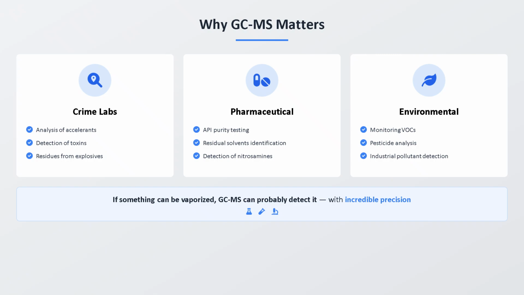Environmental scientists rely on GC-MS to monitor VOCs, pesticides, and industrial pollutants in air and water. And the beauty of GC-MS lies in one simple truth. If something can be vaporized, GC-MS can probably detect it with remarkable precision.